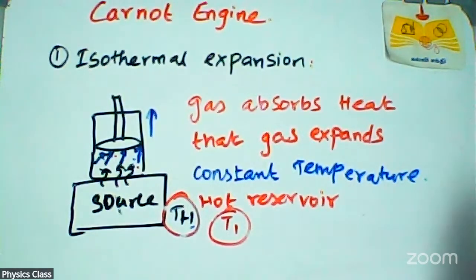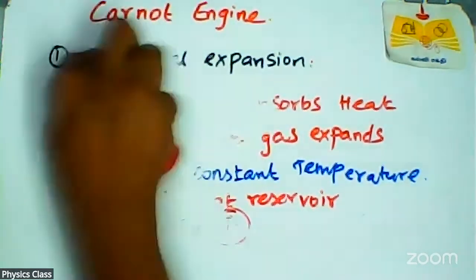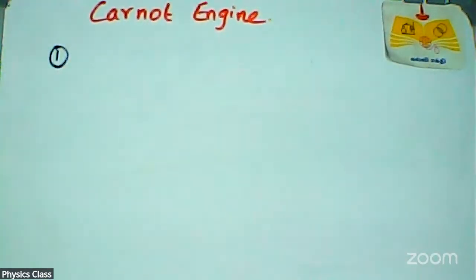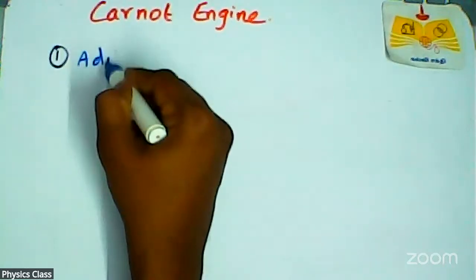Then next, adiabatic expansion. For this process, adiabatic expansion, that is stage 2.